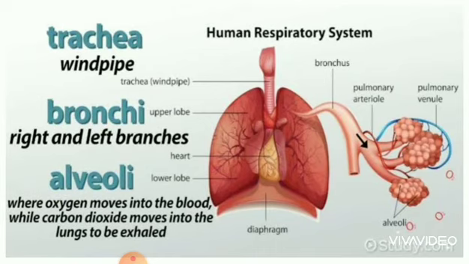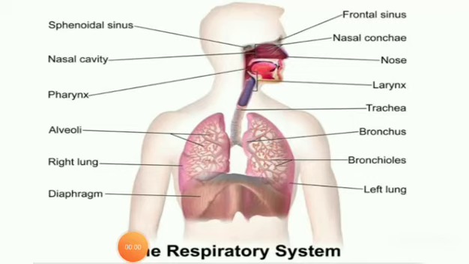These are the important organs in our respiratory system, which are responsible for exchange of air between the atmosphere and the blood. Together, these organs form what is called the respiratory tract. Let us see the organs of the respiratory tract in detail.